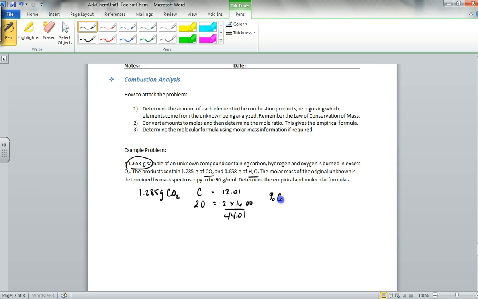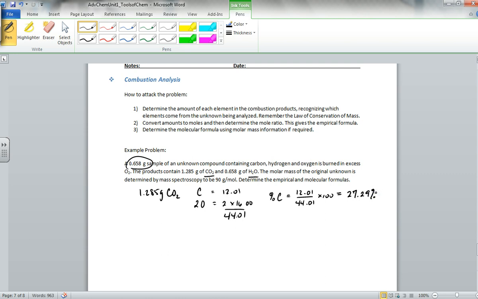The percentage of carbon in carbon dioxide is the 12.01 divided by the total mass of carbon dioxide times 100, and we find out that in any sample of carbon dioxide, 27.29% of it is carbon.